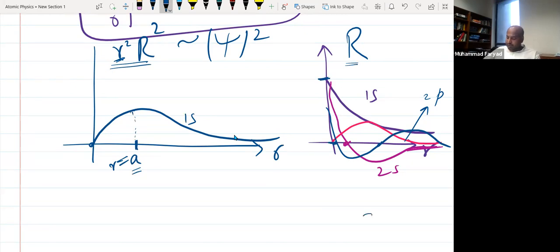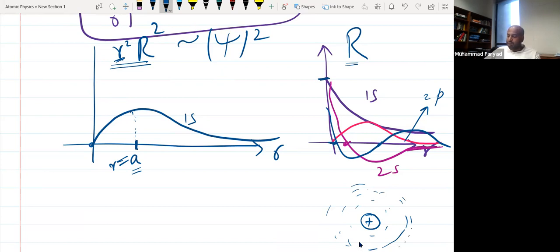And I hope that this also clarifies if any of you still has any misconception about what we mean by electrons in orbitals. When we draw a circle, initially we tell students in high school that the electron is going around. But as we go up, we realize that it's not possible to really specify the trajectory of the electron.